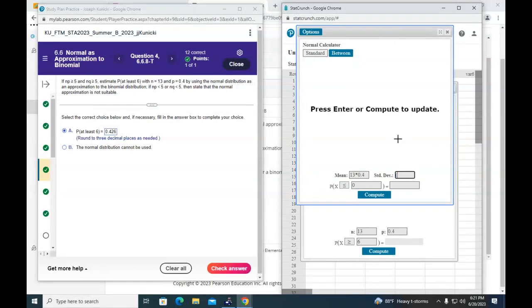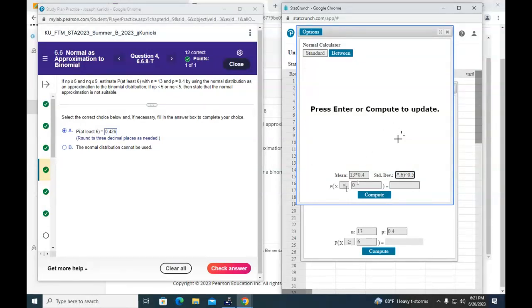So I do parentheses 13 times 0.4 times 0.6 parentheses caret 0.5. So that's your mean and your standard deviation put into the normal, and then it says at least 6.